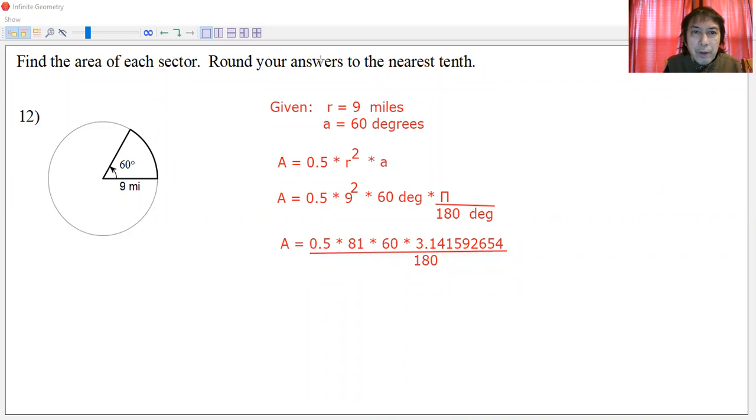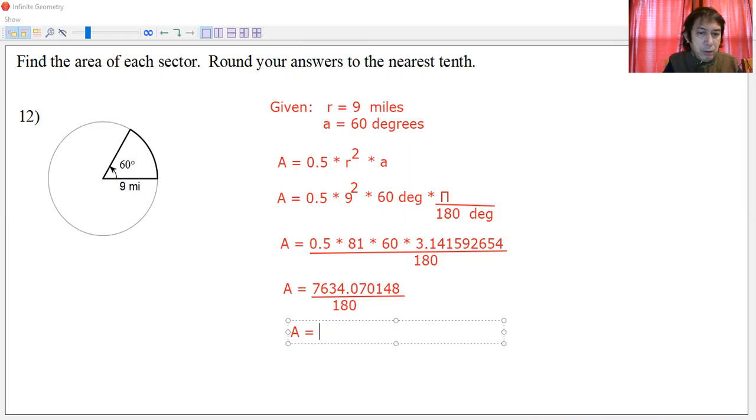All right, and so this will now be the product first. 0.5 times 81 times 60 times the pi, we have 7,634.070148, there, to be divided by 180. So we put the fraction symbol and we have the final answer.